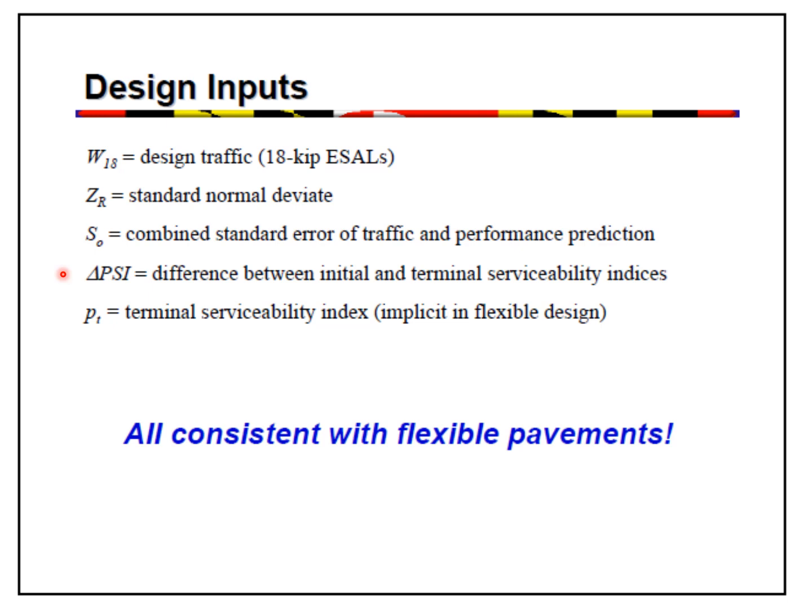Delta PSI, that is the difference between initial and terminal serviceability indices. P sub T, the terminal serviceability index. Well, all these inputs are consistent with flexible pavement. That means we also considered these inputs in the case of flexible pavement.